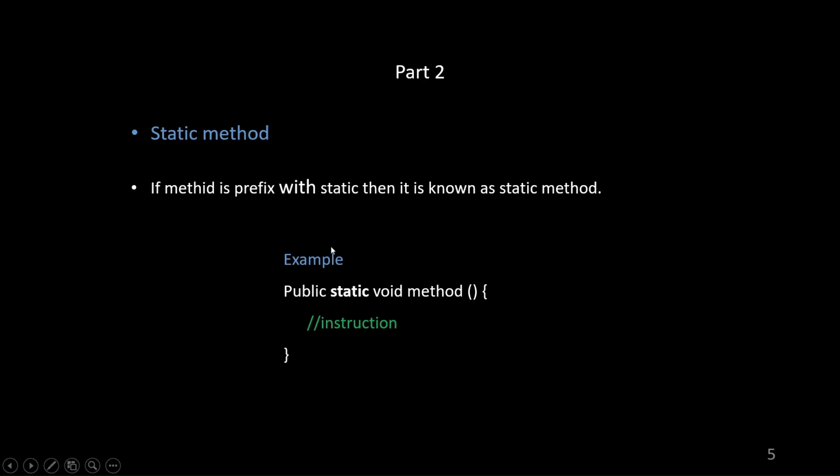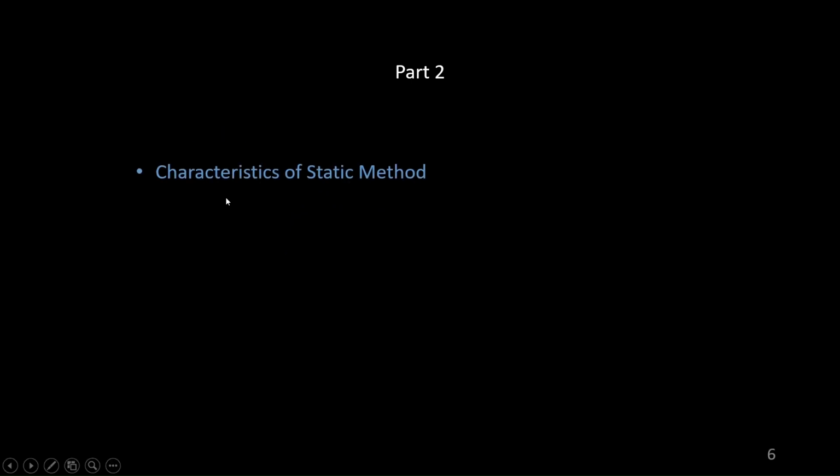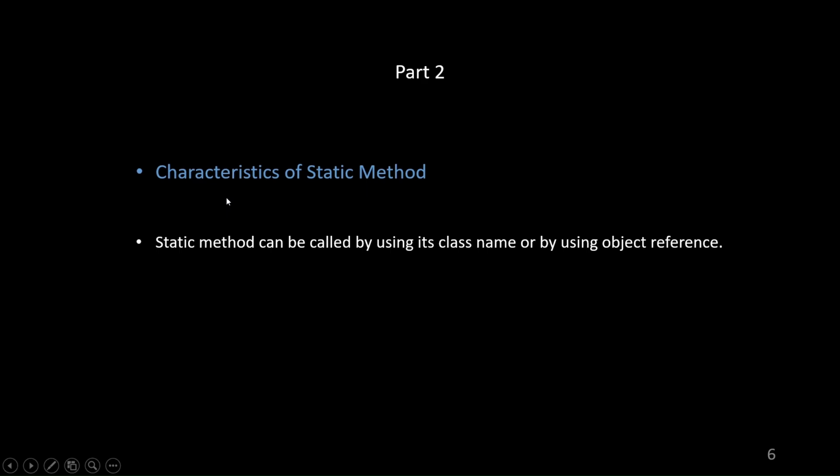When the compiler knows it is a static method, don't worry about anything, the class level execution will happen. The characteristic of a static method is that it can be called by using its class name or by using object reference. A static method is considered as a member of a class.